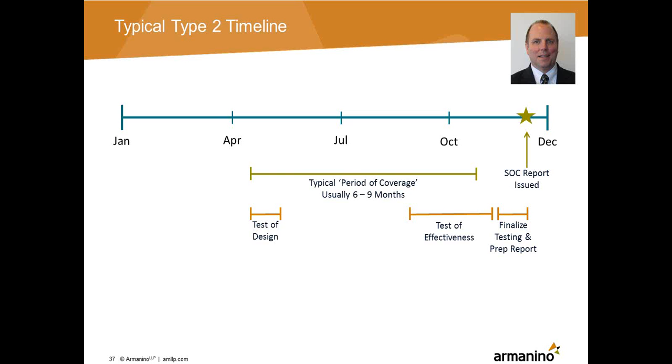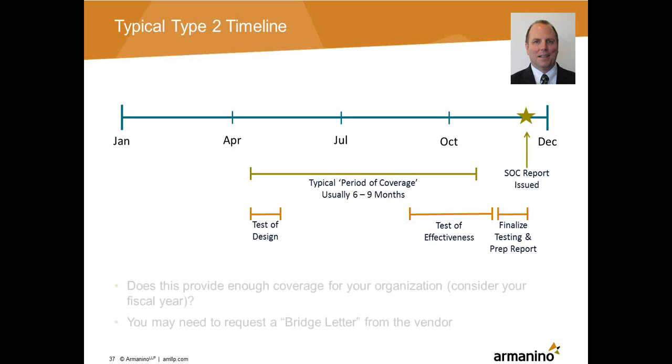That usually ends up with a report being issued late November, early December in most cases. And then the coverage of the report usually goes through end of October, early November-ish, sometime around there. So this is something, again, you need to consider to make sure that you're not getting a report from 2 years ago. If you do, that's not relevant for this year's audit that you need to perform.